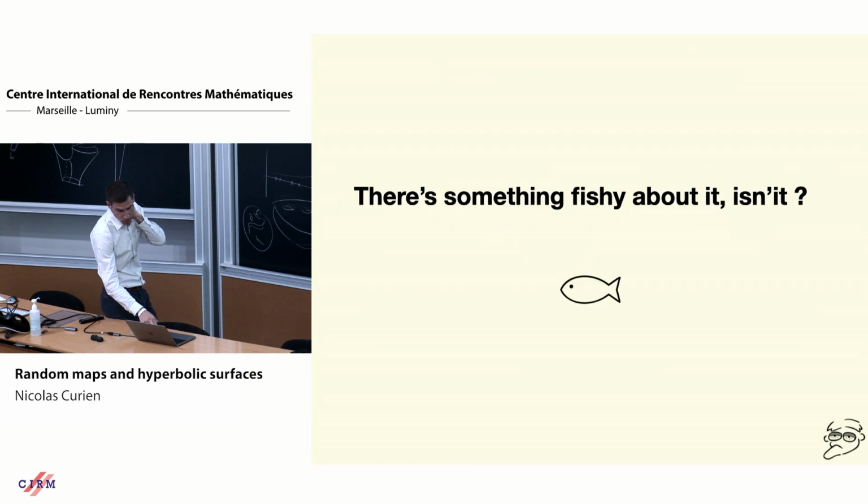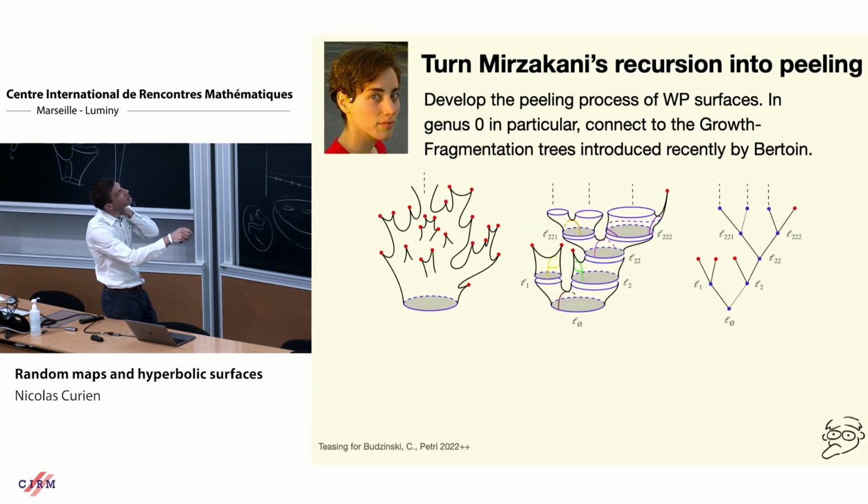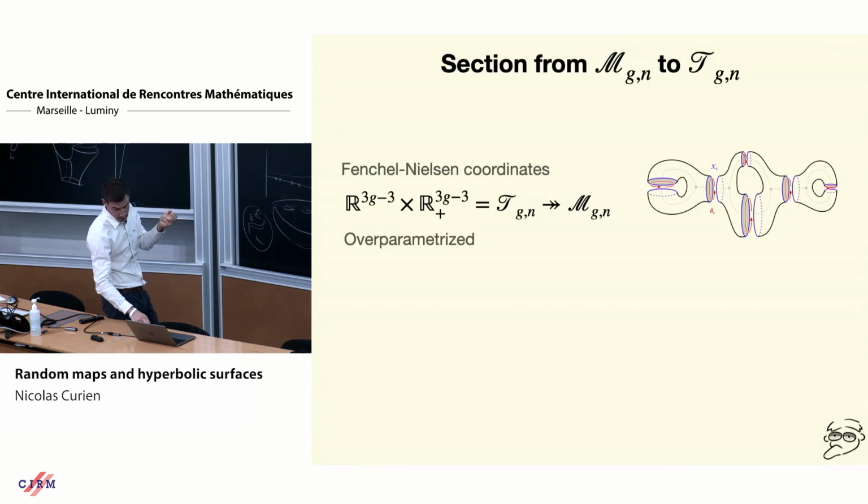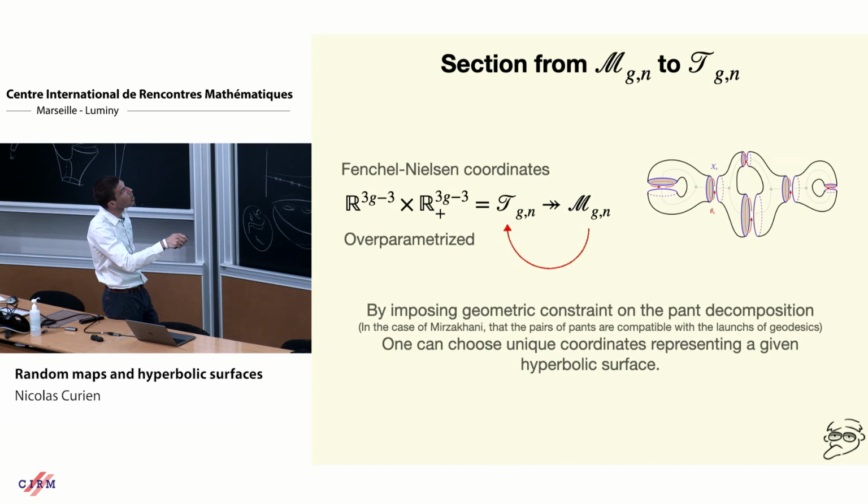So, in a way, this pants decomposition here, it is a pants decomposition of your surface, but it has the particularity that for each of these pants, if you throw the geodesic from this point, then the geodesic will stay in the pants. So it is a geometric condition that you impose on the pants decomposition that will actually single out for you a unique coordinate in this representation.